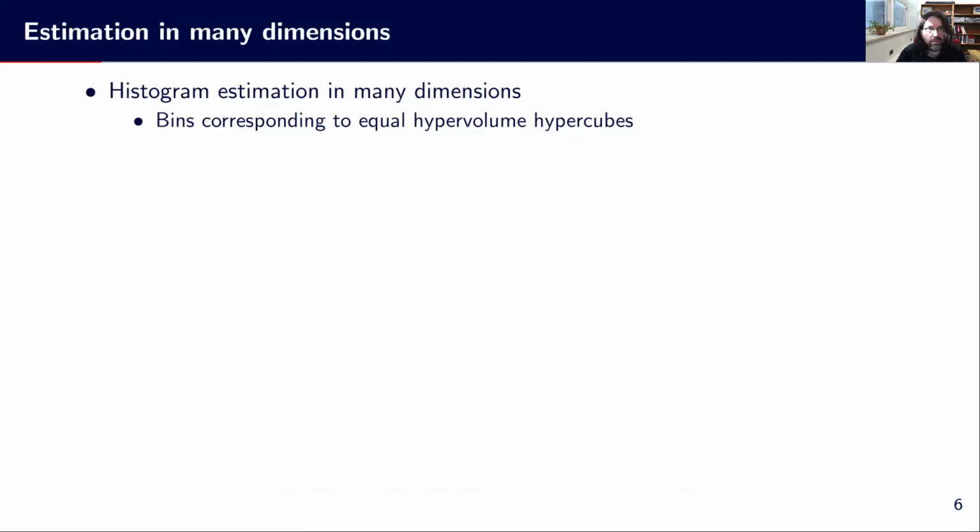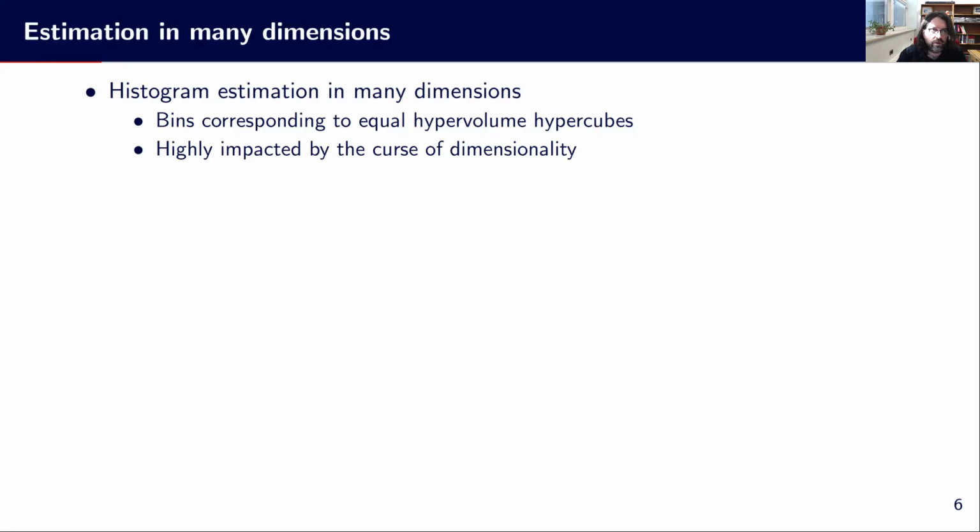Histogram estimation in many dimensions can be done also. It's the same principle, but the bins here correspond to hypervolumes, and so we have bins with equal volumes, so hypercubes.